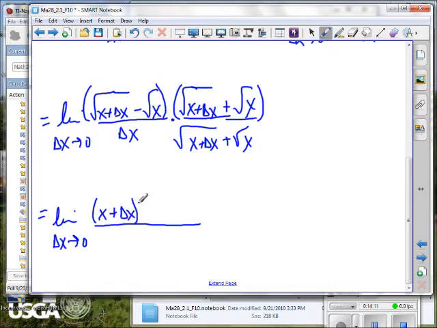And when I do FOIL, I would normally do outside, inside, but those are going to cancel. And then we end up doing the last terms, and the last terms is just simply x. Now, take a look at your denominator, though. We're going to have delta x times the quantity x plus delta x plus the square root of x.